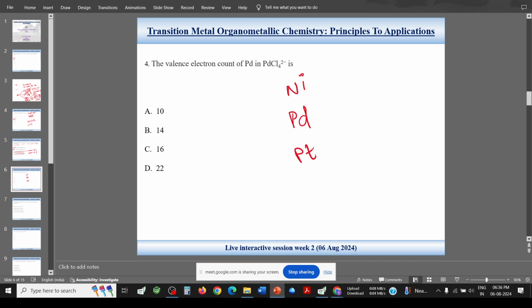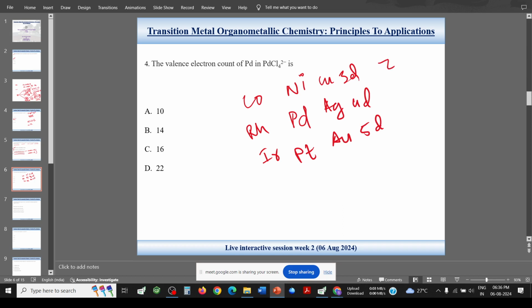This is cobalt, rhodium and iridium, and after nickel it is copper, silver, gold. This is 3d, 4d and 5d. Then comes zinc, cadmium, mercury.